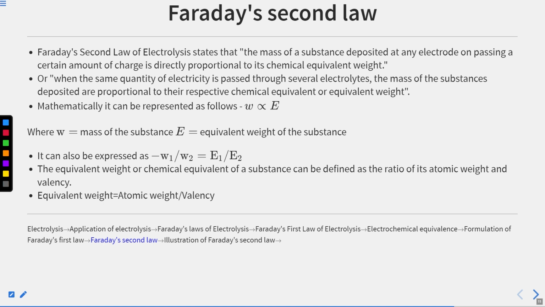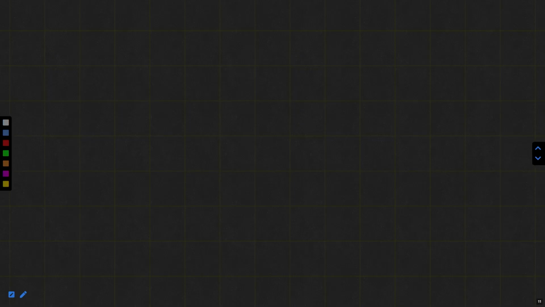Now suppose we are applying the same current on different substances. Then they will also follow the same law. Suppose we have two cases: W1 proportional to E1, and W2 proportional to E2.